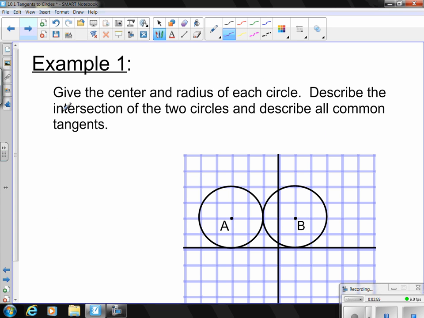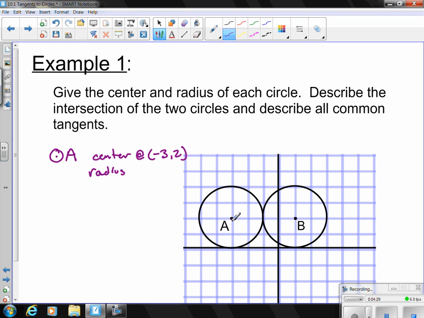Example 1, give the center and radius of each circle. So we talk about the first circle. This is the symbol for circle, circle A. The center is at -3, 2, and the radius.